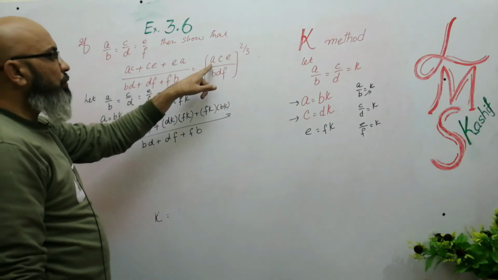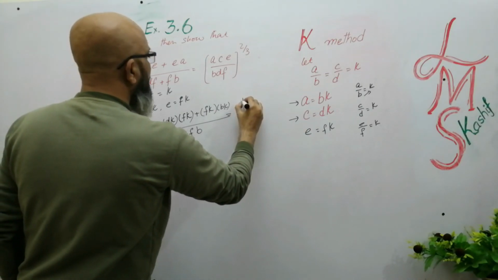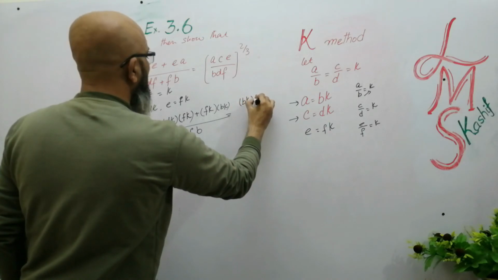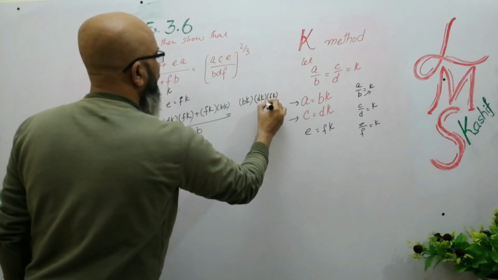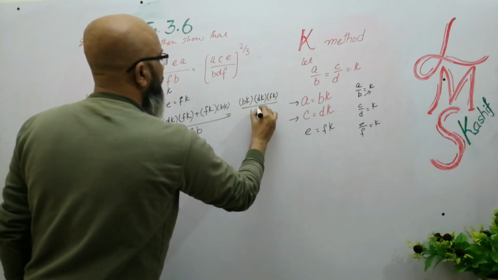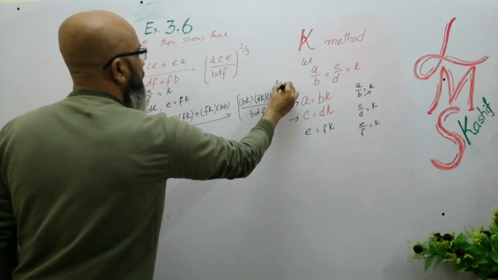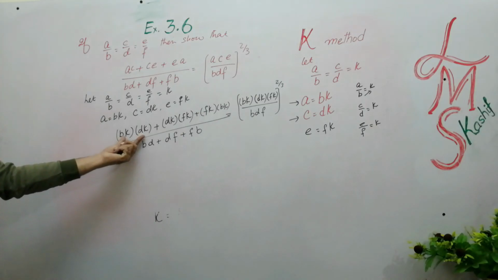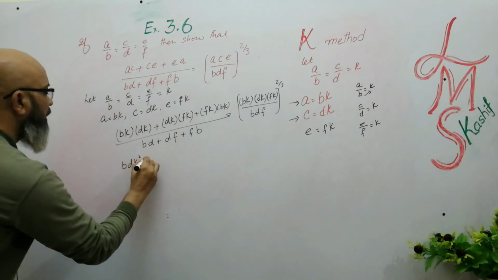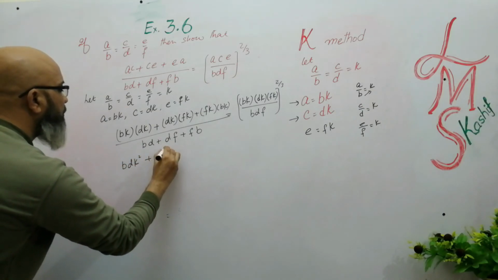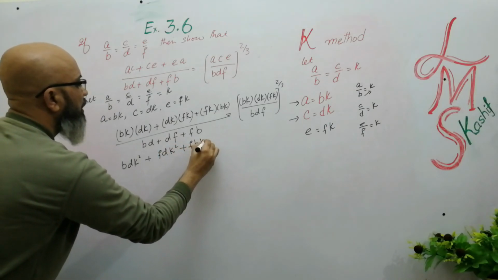So here we have the values of a, c and e. What is the value of a? That is bk. What is the value of c? That is dk. What is the value of e? That is fk over bdf, and on the whole bracket 2 over 3. So when we multiply this one, what we get? bdk square plus fdk square plus fbk square.